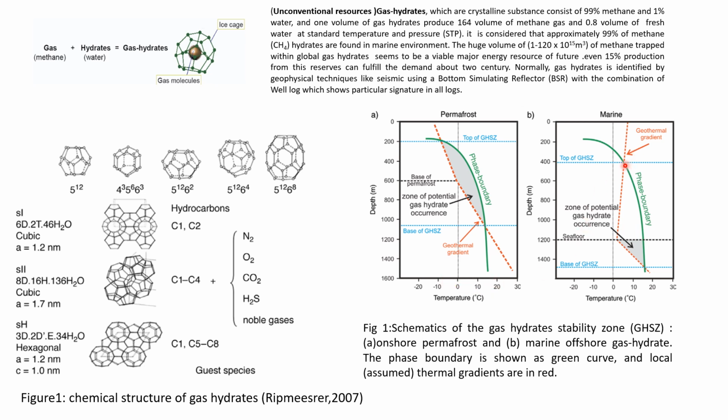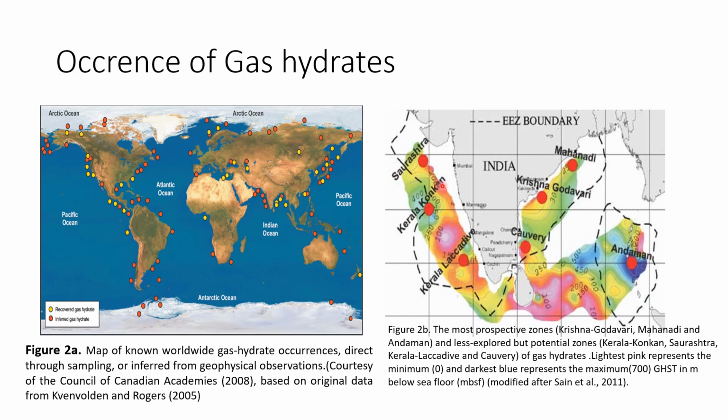In the marine environment, the temperature condition for gas hydrate occurrence is approximately 5 to 15 degrees centigrade. Coming to the next slide, here we can see the occurrence of gas hydrate. This is the global scenario and this is the Indian scenario.